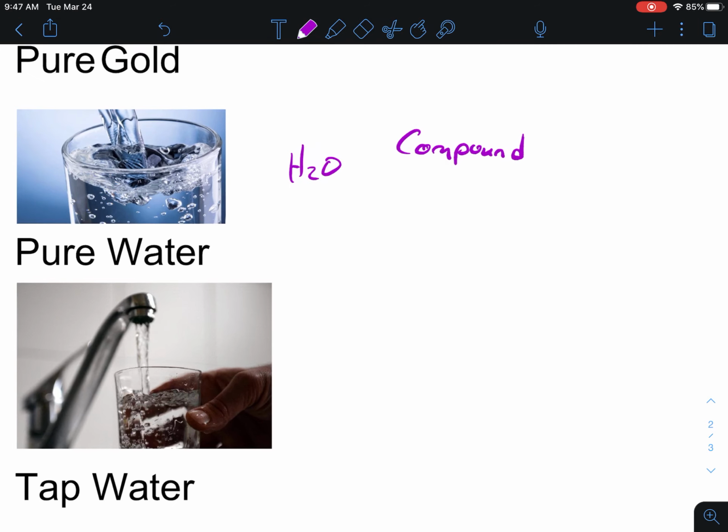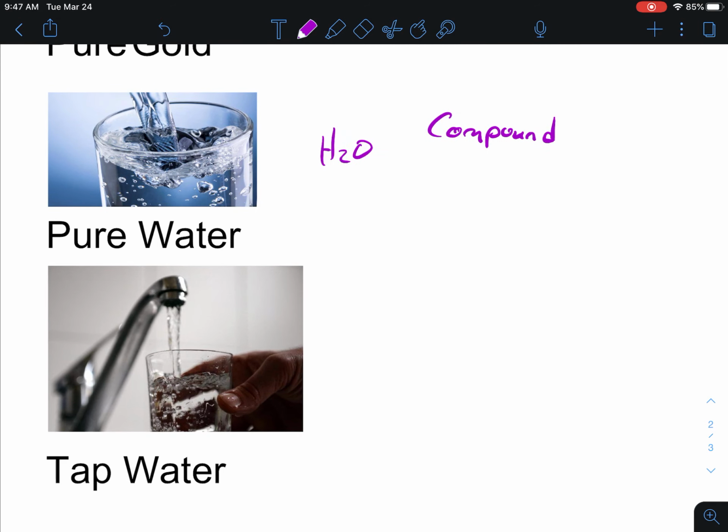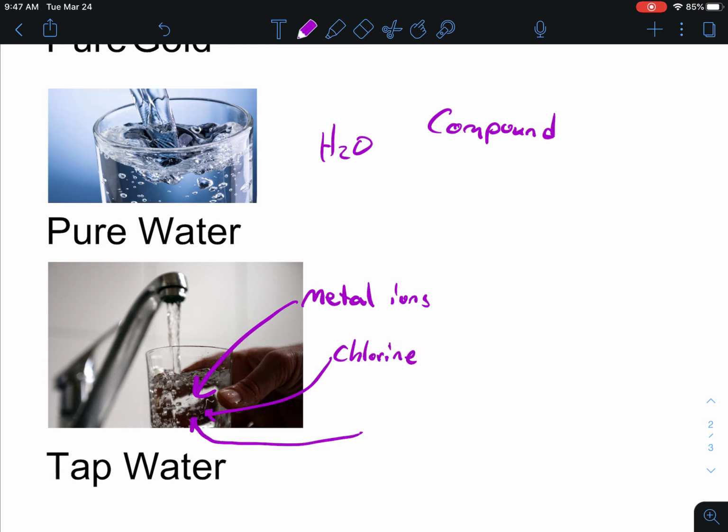Tap water also contains, depending on the municipality you live in, metal ions. It contains chlorine to make it healthy to drink, safe to drink. It may be fluorinated, containing sodium fluoride for dental health.